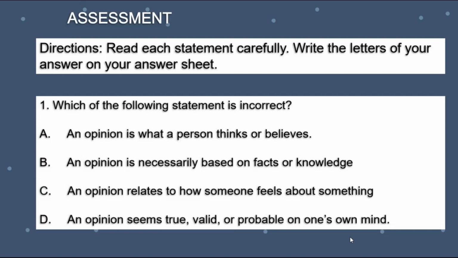C. An opinion relates to how someone feels about something. Or D. An opinion seems true, valid, or probable on one's own mind. Which do you think is incorrect? That's right, letter B. An opinion is not necessarily based on facts or knowledge because it's just an opinion.